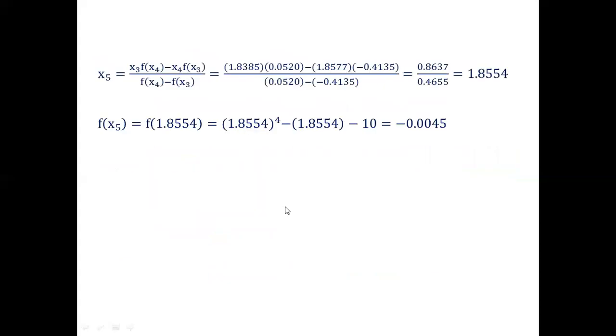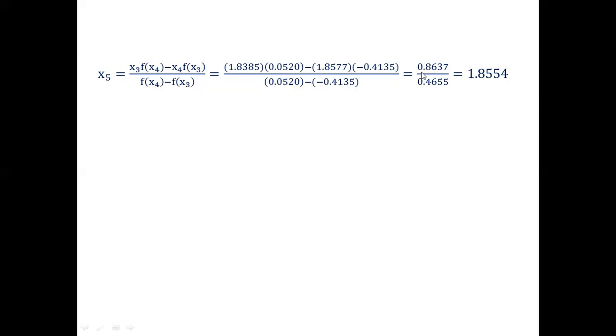Then x5 is (x3 into f of x4 minus x4 into f of x3) by (f of x4 minus f of x3). x3 value is 1.8385, f of x4 is 0.0520, minus x4, which is 1.8577, into f of x3, which is minus 0.4135, divided by f of x4, which is 0.0520, minus f of x3, which is minus 0.4135.